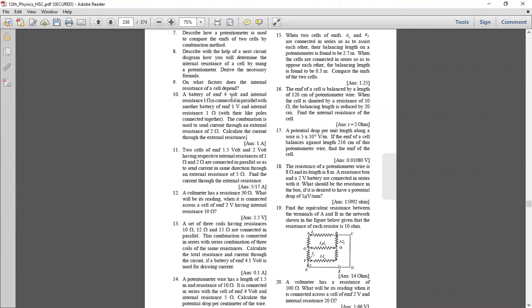So we have to consider two batteries, 4 volt and 1 volt, with their internal resistances, connected with their poles together. The combination is to send current through an external resistance of 2 ohm. Calculate the current through the external resistance. Let's see the solution.